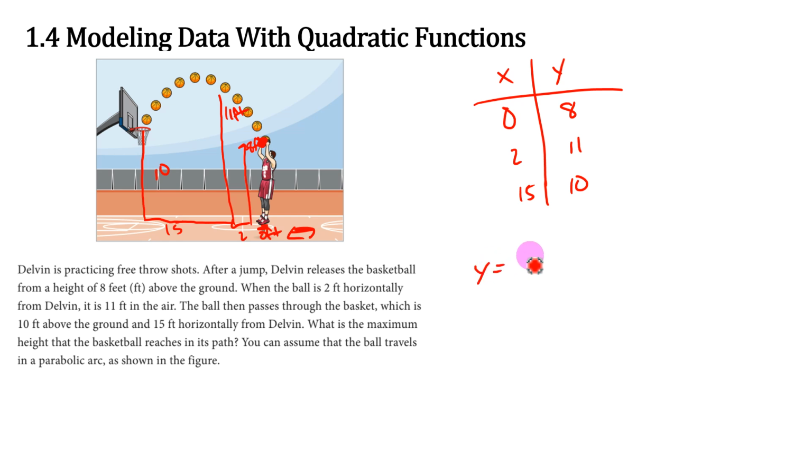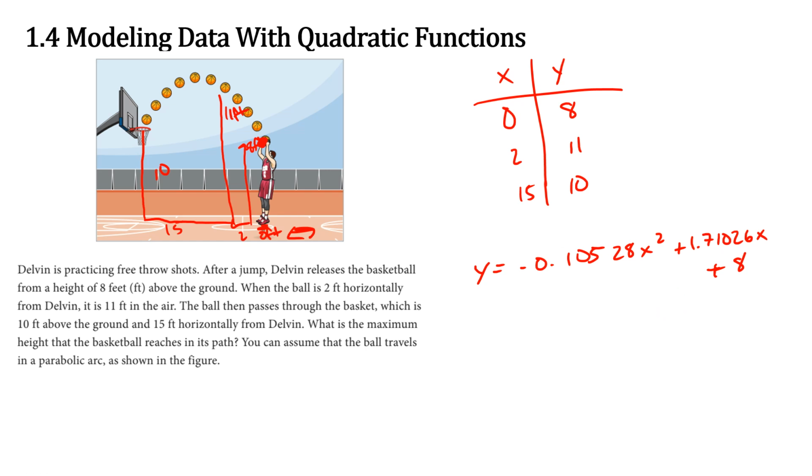Y equals negative 0.10528x squared plus 1.71026x, lots of numbers, plus the 8 feet we start from the ground. Now, it wants to know what's the maximum height.